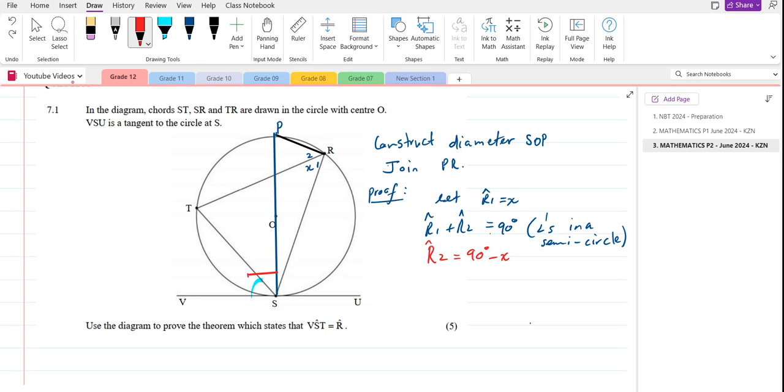So remember, the idea is to get this to be equal to X. So we have a tangent, let's call it S1 and S2. We want to get angle S1 to be equal to X. We are supposed to get angles in the same segment. Okay, this is 90.